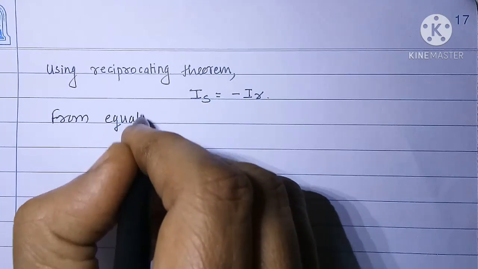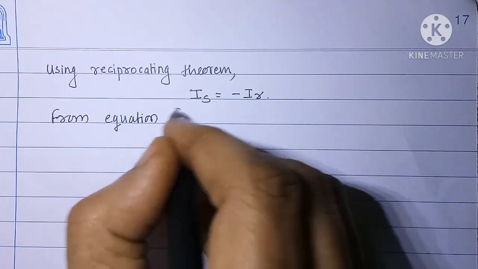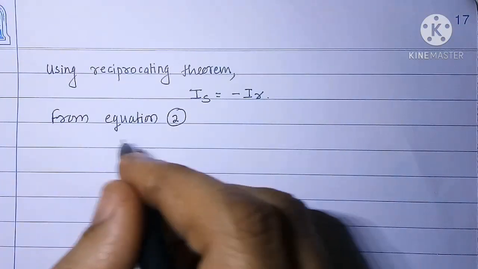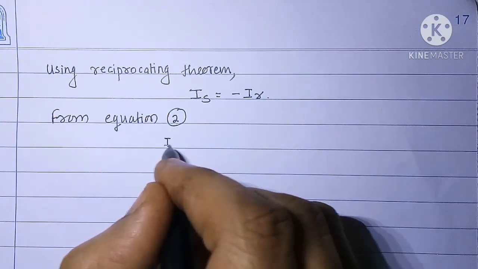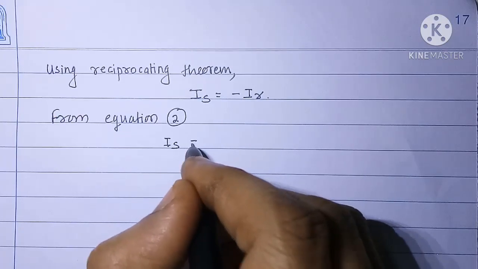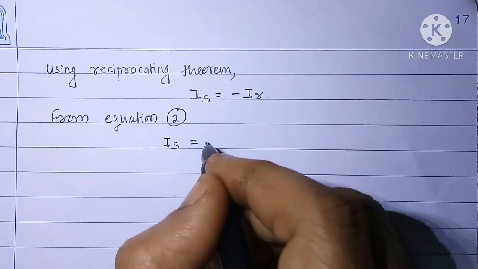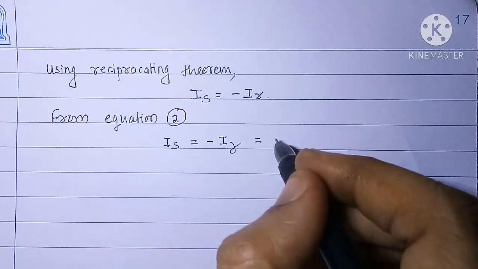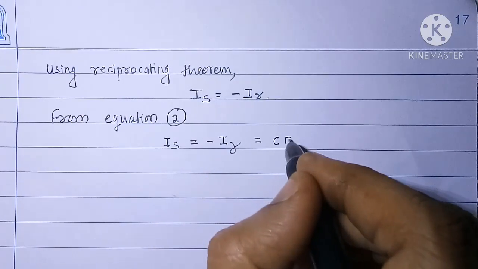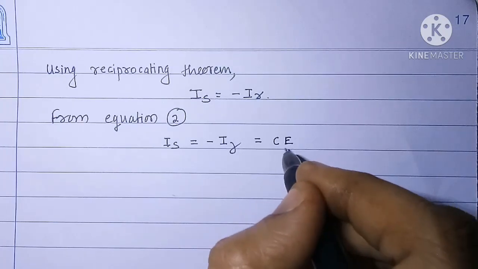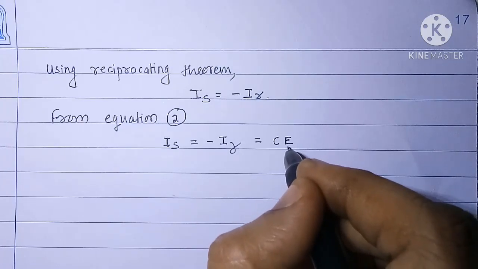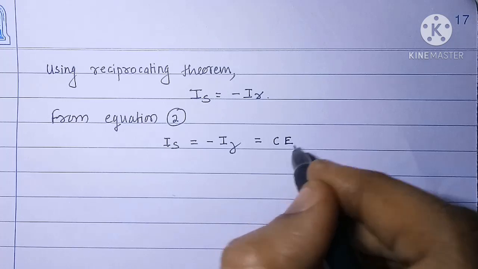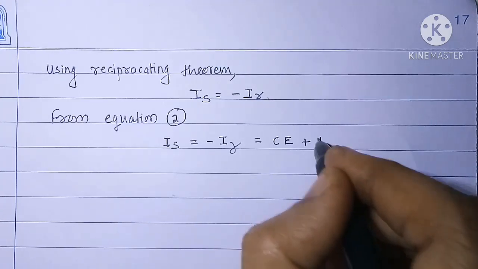From equation 2, Is equal to, minus IR equal to C into E, because receiving end voltage is equal to capital E, plus D into IR.